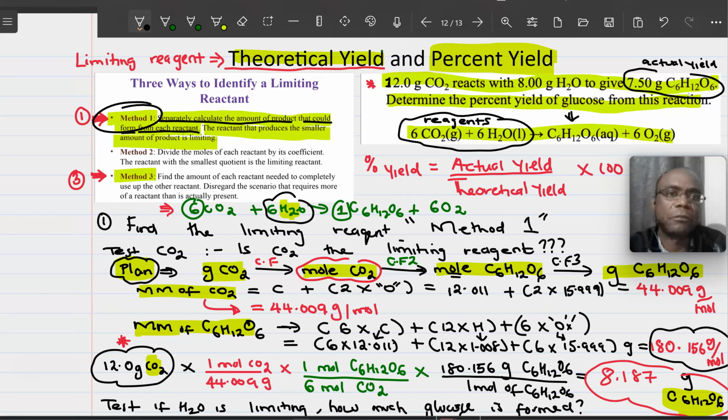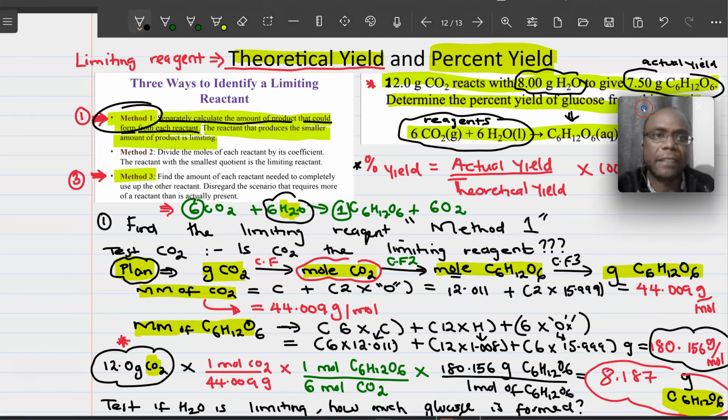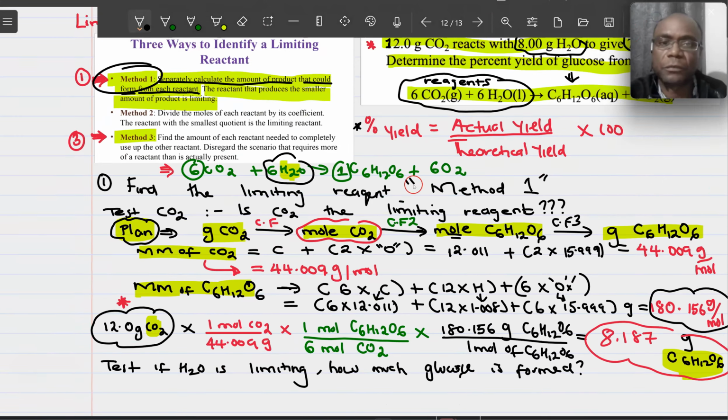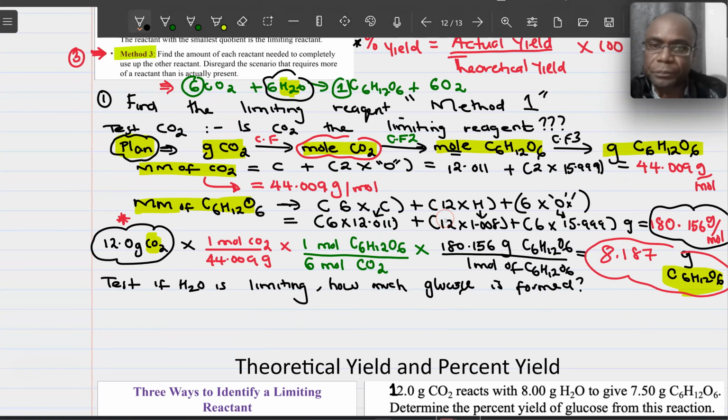What you're trying to look for here is the limiting reagent plus the theoretical yield, and then we'll use our formula for percent yield, which is actual over theoretical times 100. So you see we are given the reagent water as mass, 8 grams. So we are going to follow the same process.